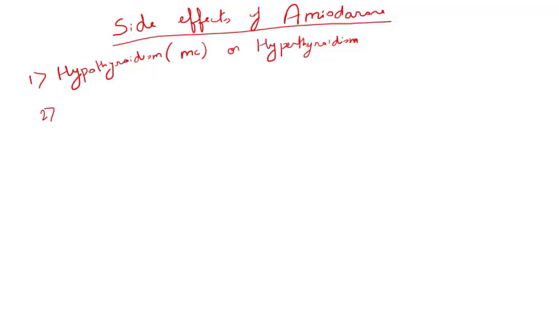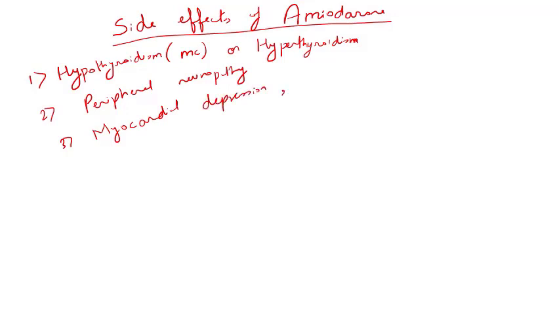Other side effects of amiodarone: peripheral neuropathy. On heart, it causes myocardial depression, and it can also cause hypotension.